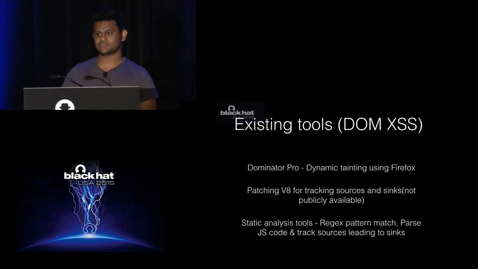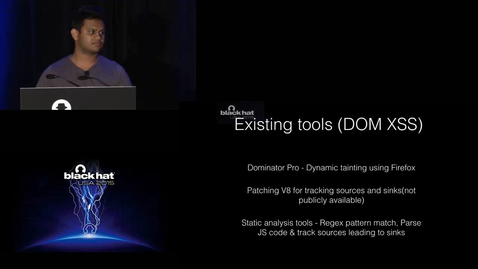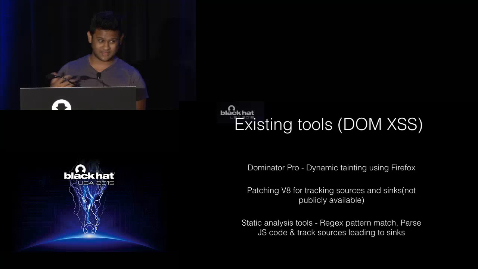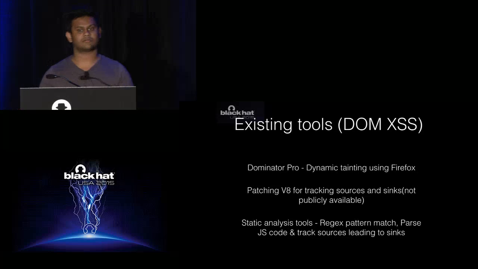And there's also the research paper that I just showed, by Sebastian Lekies, where they patched V8 and the Chromium open source web browser to track all these sources and sinks and come up with those results. But I'm not sure whether they made it public, and it's not in a usable form.